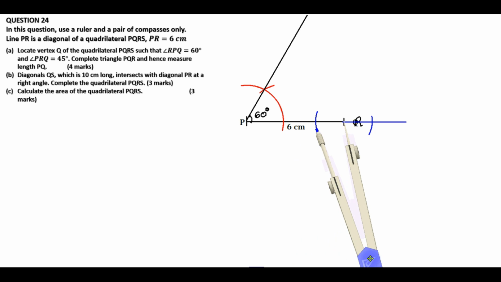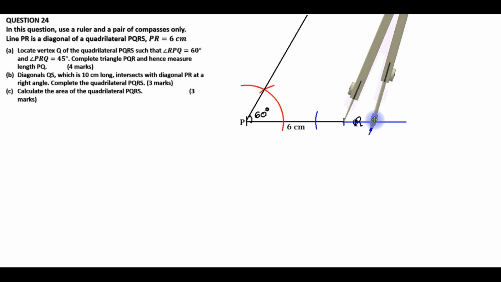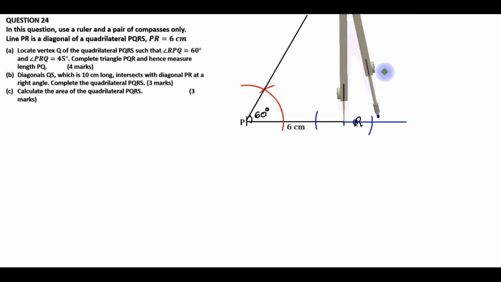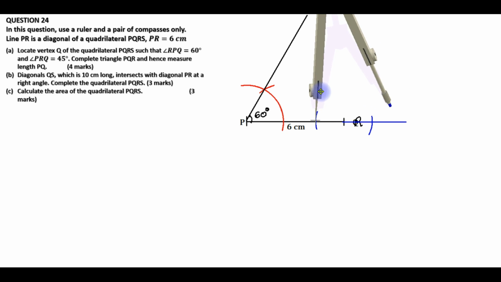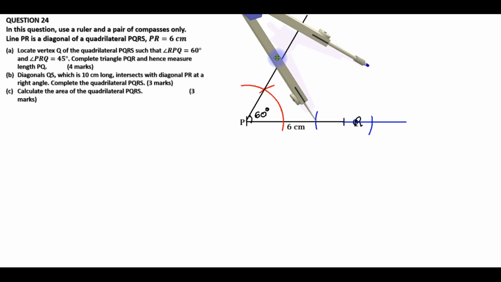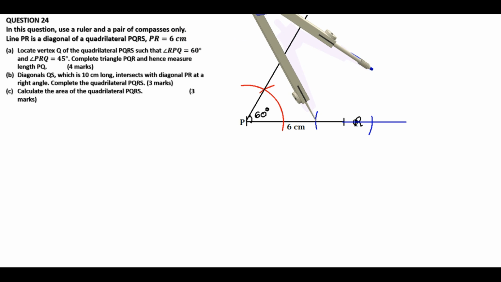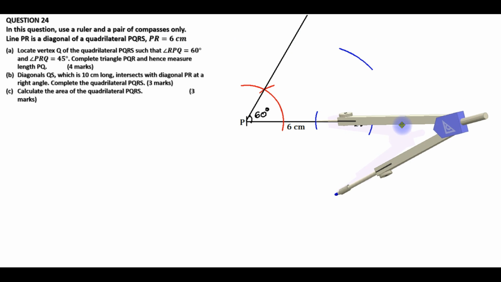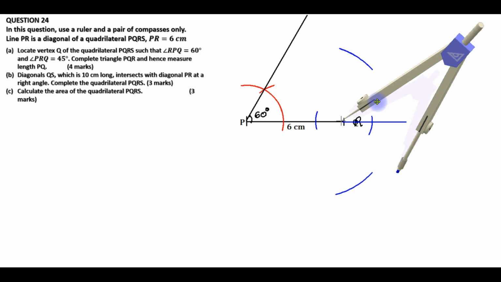Then from there, now I'll use the pointer at this point, the arc I've just made, then I put an arc at the top and also below, maintaining the same radius.